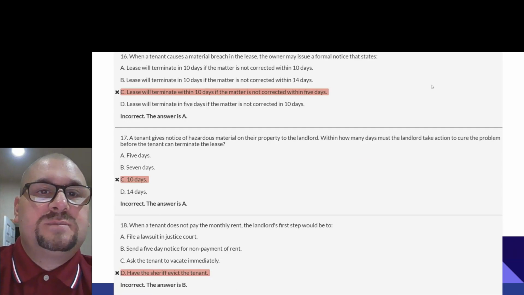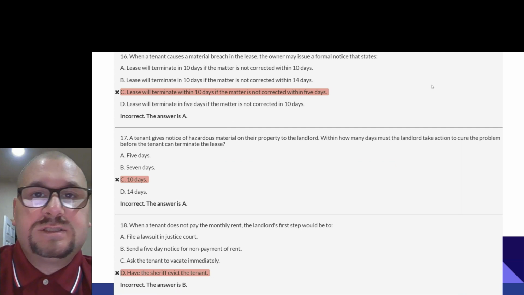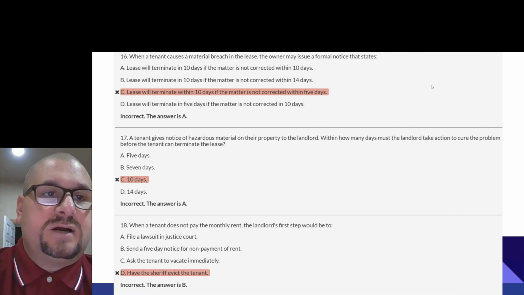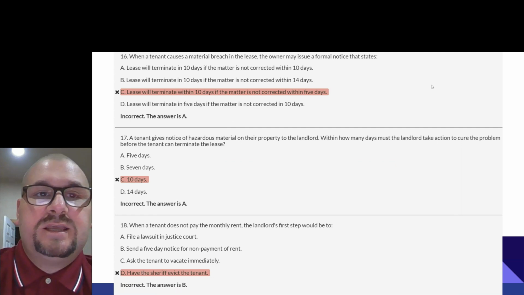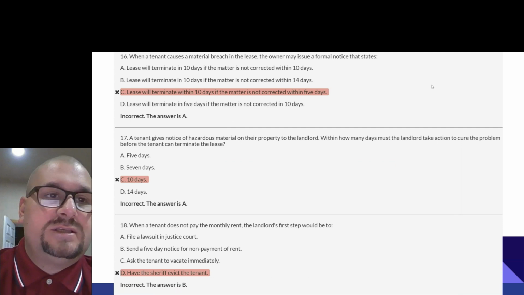When a tenant causes a material breach in the lease, the owner may issue a formal notice that states the lease will terminate in 10 days if the matter is not corrected within 10 days.